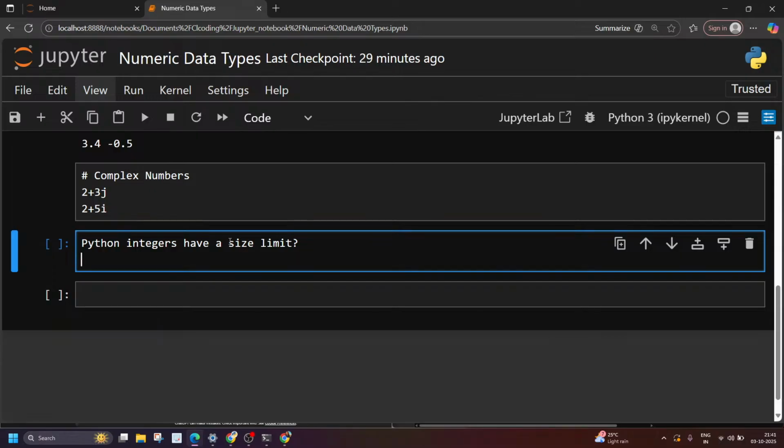Answer in yes or no in the chat: Python integers have a size limit. Okay, so Shivmani, you are saying yes.